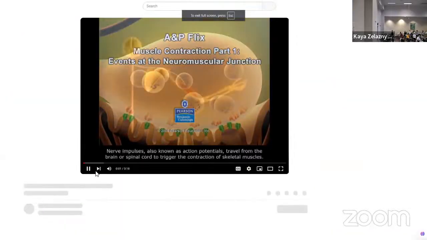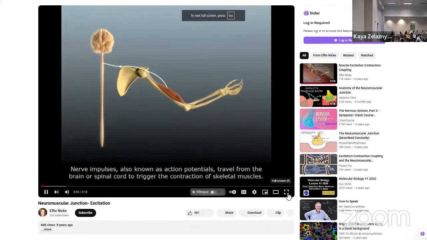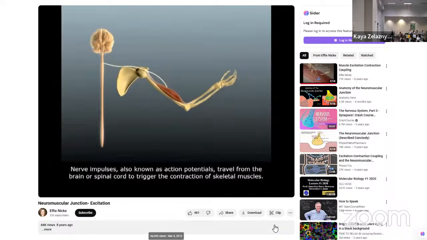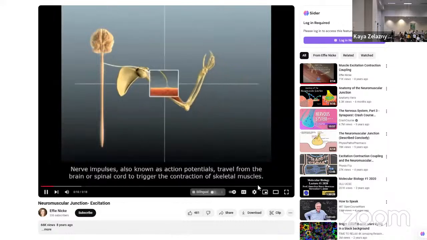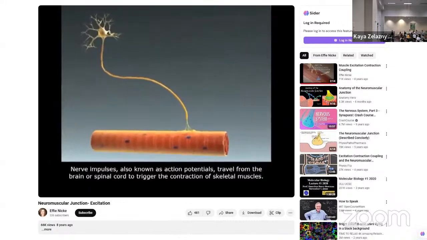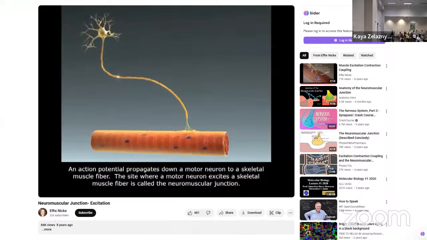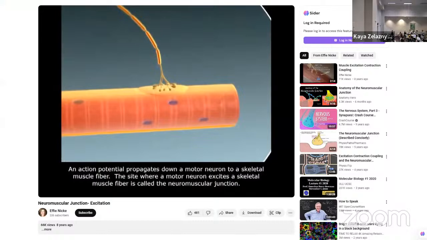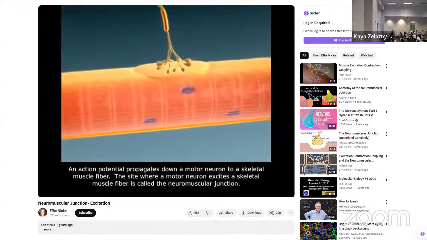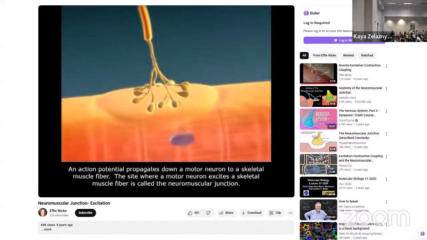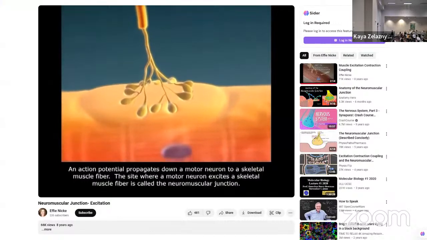So you can see these nerve impulses, quote unquote 3D action potentials, travel from the brain or spinal cord to trigger the contraction of skeletal muscles. An action potential propagates down a motor neuron to a skeletal muscle fiber. The site where a motor neuron excites a skeletal muscle fiber is called the neuromuscular junction.